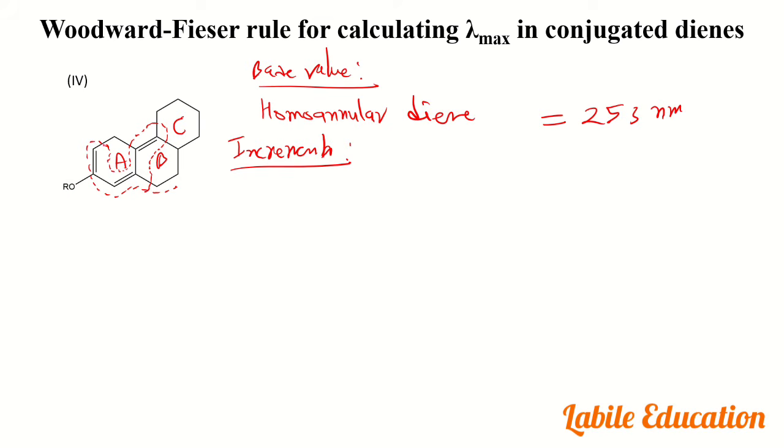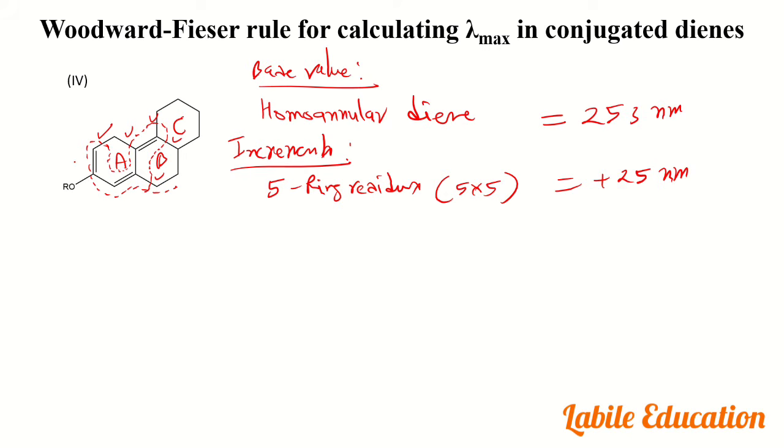But other ring residues you can mark: this is 1, second, third, fourth, and this is fifth. So there are total 5 ring residues, means 5 into 5, total it will contribute 25 nanometer.